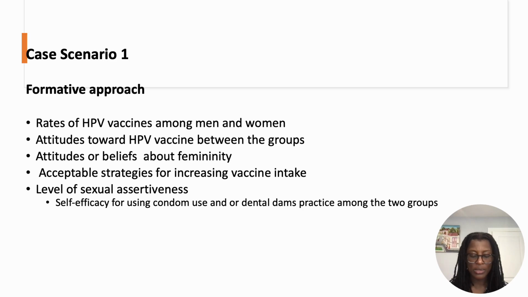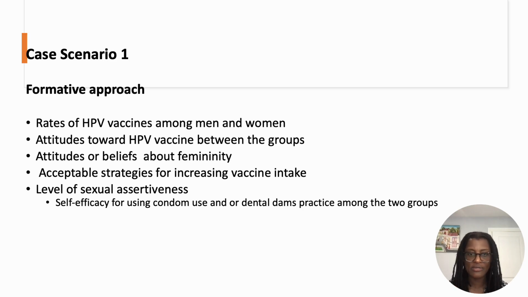Because a lot of established research shows that formative research is essential for developing a program that really includes the voices of the target population. Of course, you start with what's there in the literature, so rates of HPV vaccine among men and women, you're likely to have that at least at the national level.